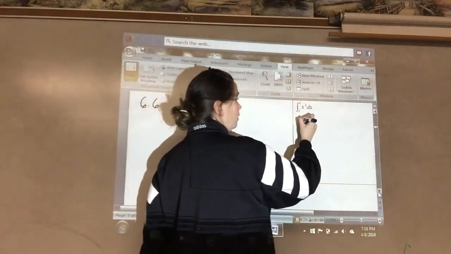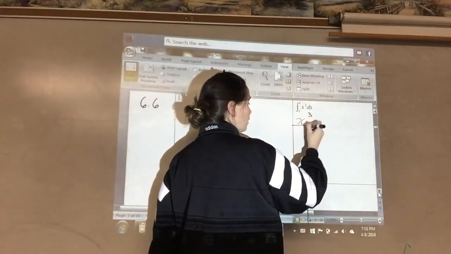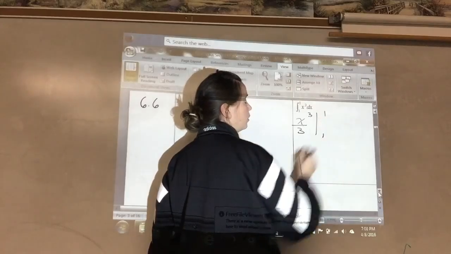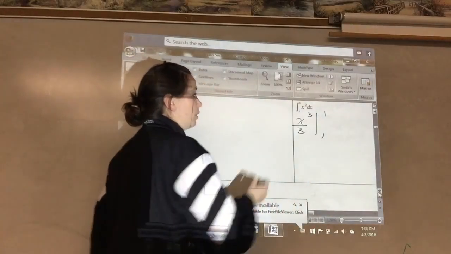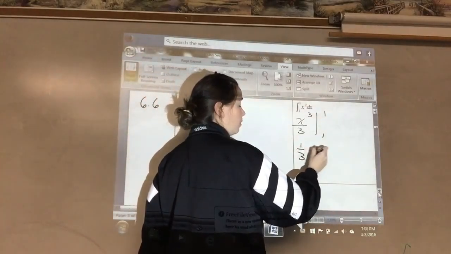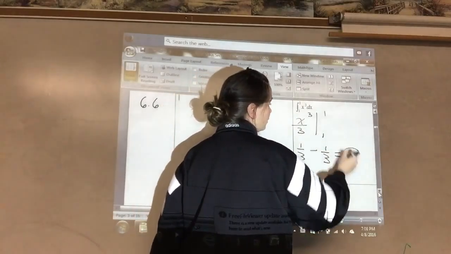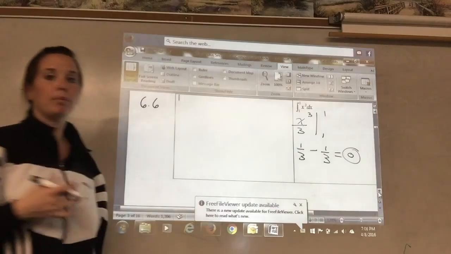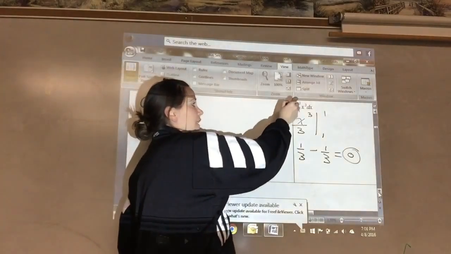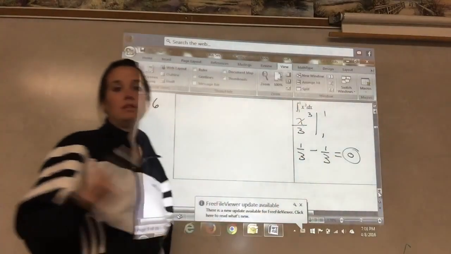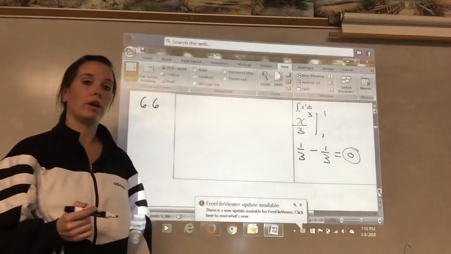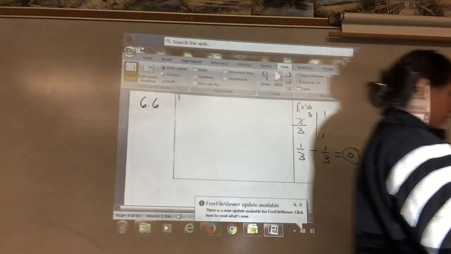You would just go through, integrate x to the third over 3, say I'm going from 1 to 1, and what happens when you sub in a 1 is you get 1/3. And then when you subtract, subbing in a 1, you get 1/3. So the answer is 0. So again, this is actually like a property. Anytime the bounds are the same, the answer is going to be 0, and that just makes sense looking at our work here. Okay? All right, almost finished.